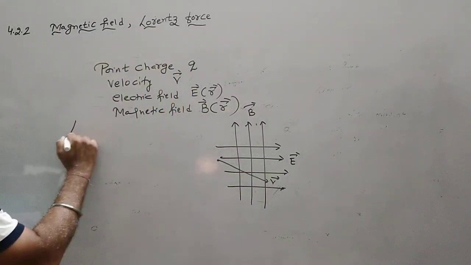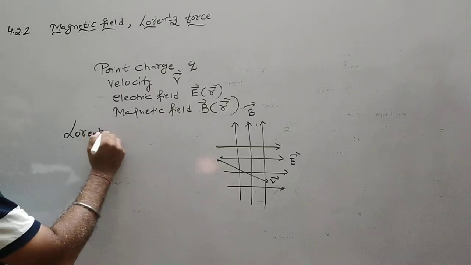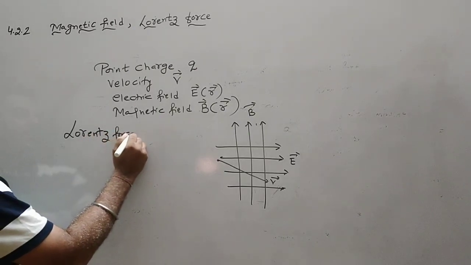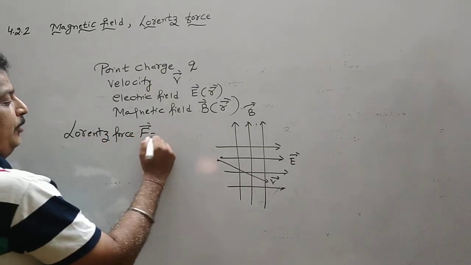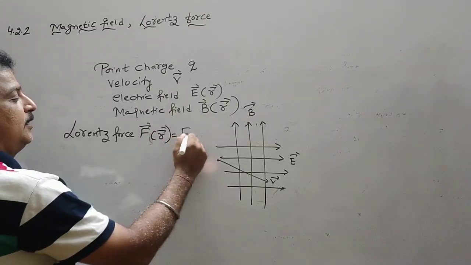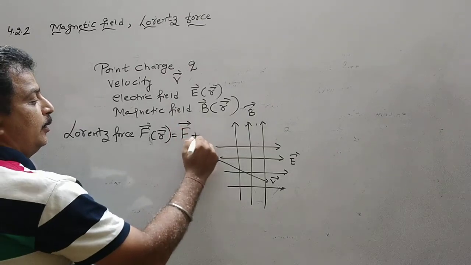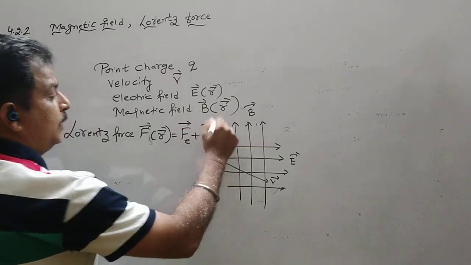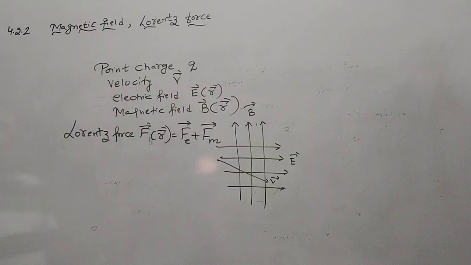So the Lorentz force, or the resultant force, is given as Fe plus Fm, that is electric force plus magnetic force.